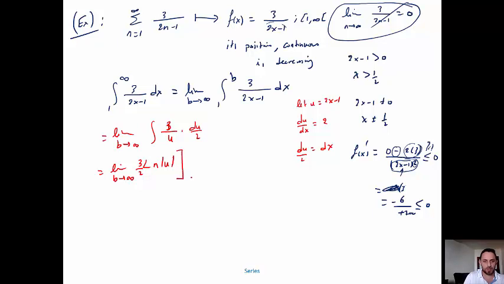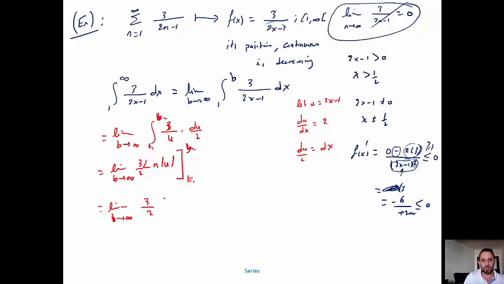Although it is wrong to write 1 and b because 1 is for the x, not for the u, so you can say k1, k2, some constants. Limit as b goes to infinity, 3 over 2. We started with x, we end up with x, so ln of 2x minus 1.